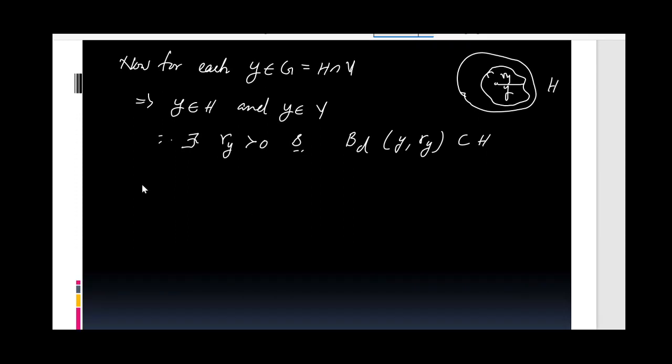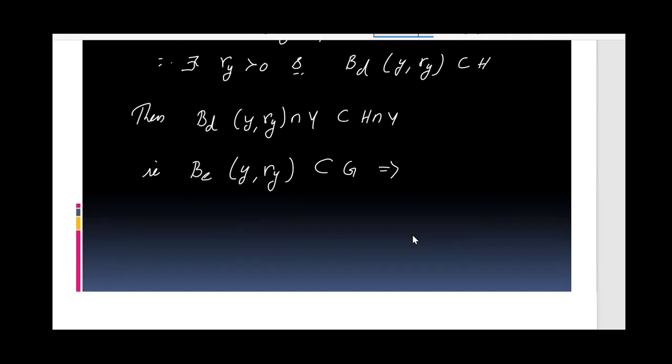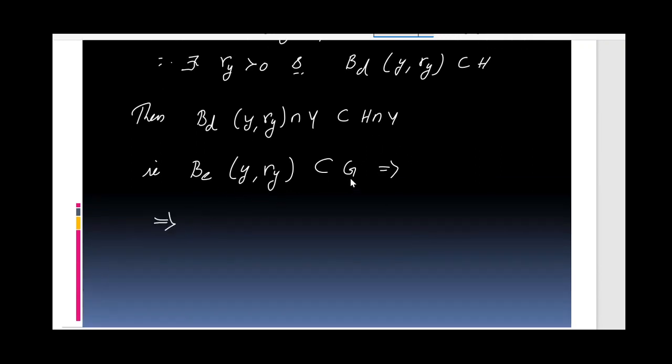Then B_d(y,r_y) intersection with Y is contained in H intersection Y. That is, B_E(y,r_y), since we have already seen that B_d intersection Y is nothing but B_E(y,r_y), is contained in H intersection Y, which is G. So you take each y belonging to G, then G can be written as the union over y belonging to G of the open sets B_E(y,r_y).